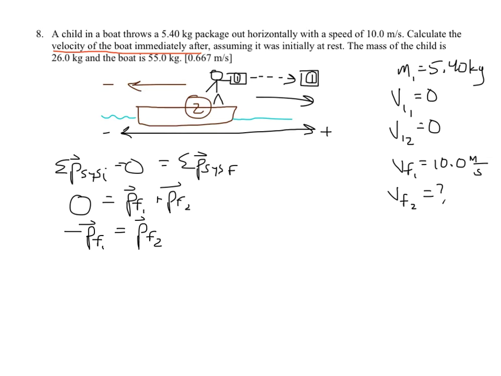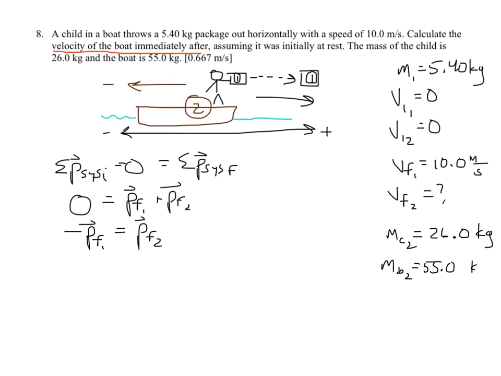So final momentum of the boat and child. Oh, you know what? I didn't write this down. Darn it, I didn't. Mass of the child 2 is 26.0, and the mass of the boat 2 is 55.0.